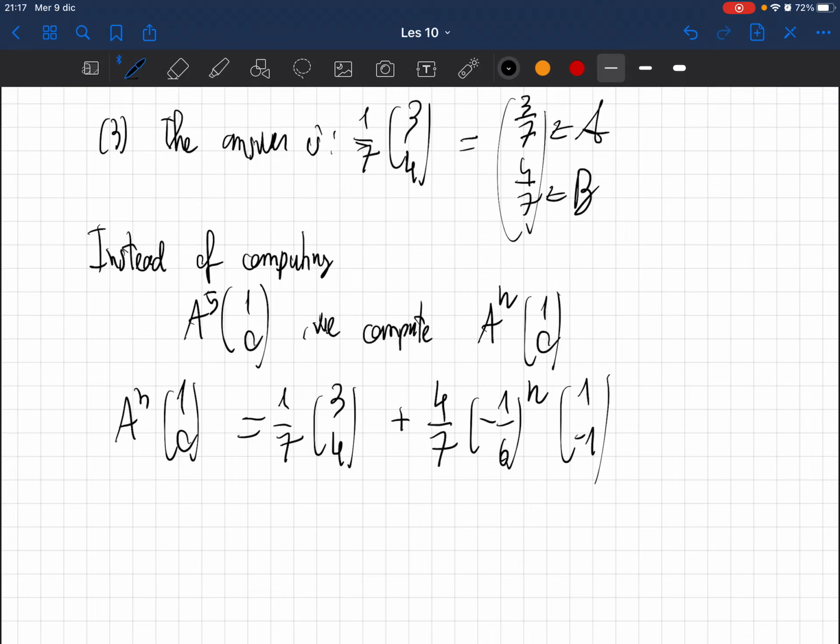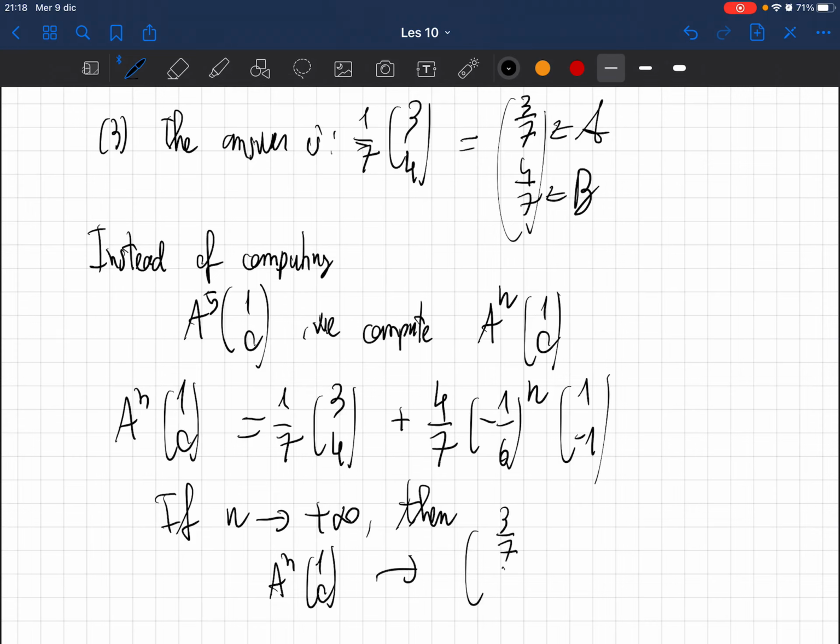Now look, you see that if n is very big, then indeed this vector here converges to 3/7, 4/7.